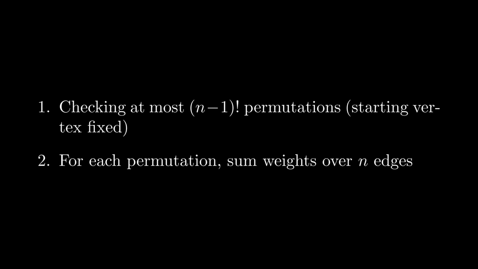Hence, the complexity is still the same as that of the naive method, which is simply to check all n-1 factorial permutations of vertices, assuming that we fix the starting vertex. Since we then have to sum over the weights of the n edges of each cycle, we have that the total complexity is O of n factorial. Nevertheless, this method is generally much faster than the naive method for all practical purposes.